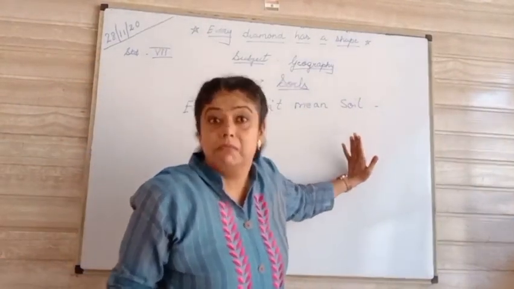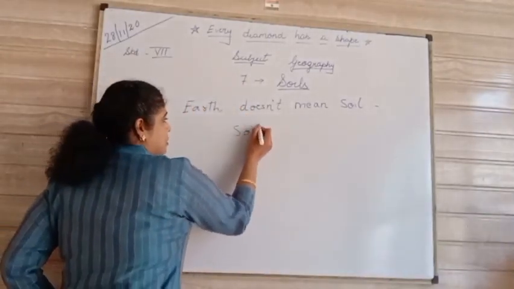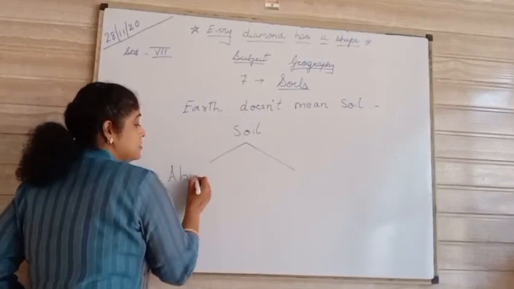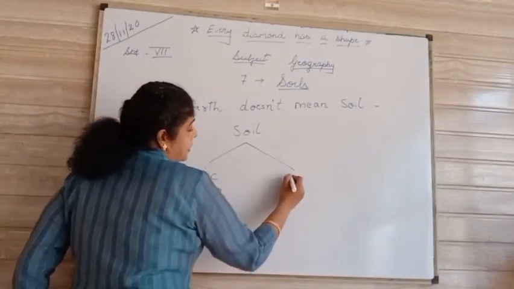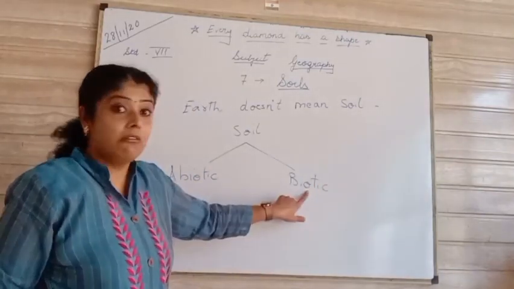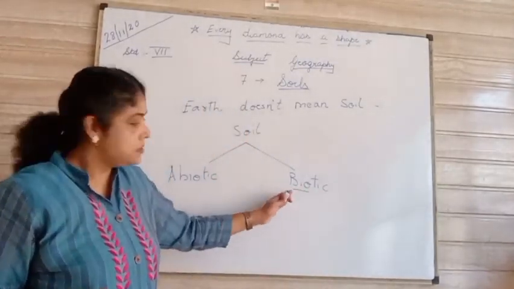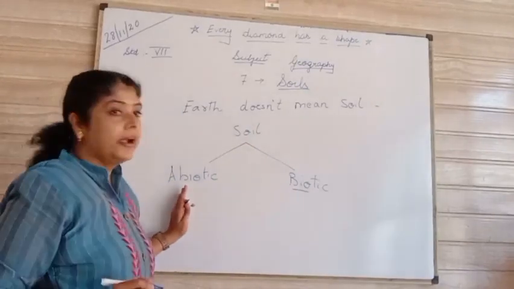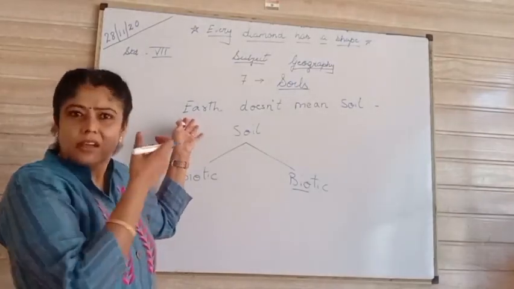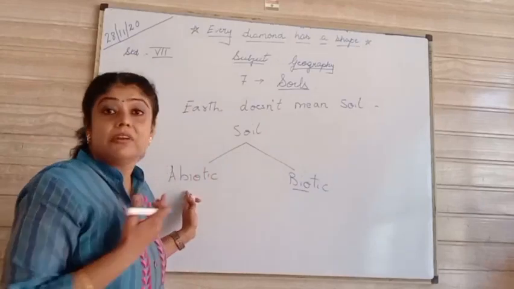It means soil has two parts, that is, the abiotic part and the biotic part. Biotic part, I already explained what it is: as I said, the living organisms, microorganisms in the soil. And the abiotic part means the rocks, or earth itself. Earth is a part of the soil. So earth itself I can call the abiotic part.